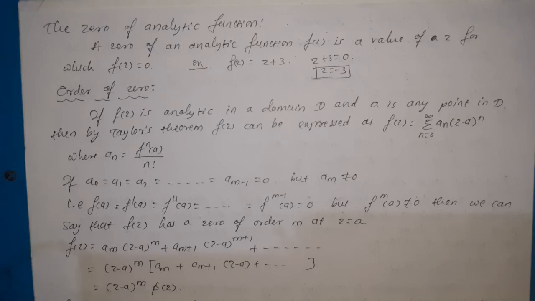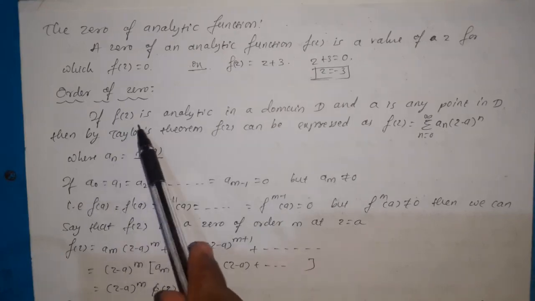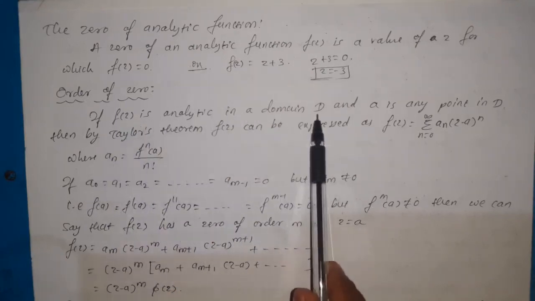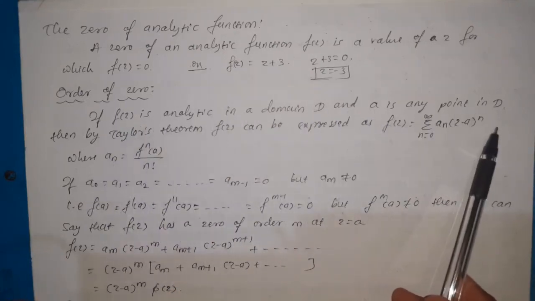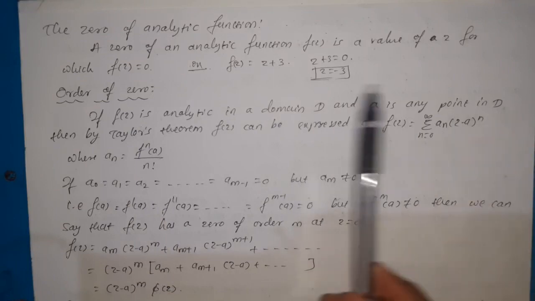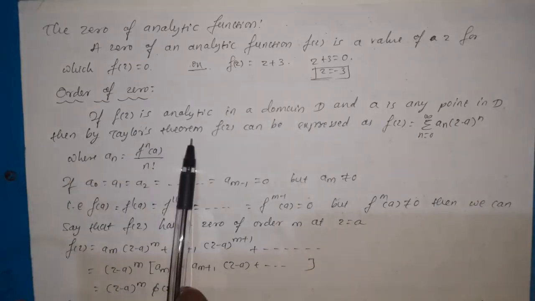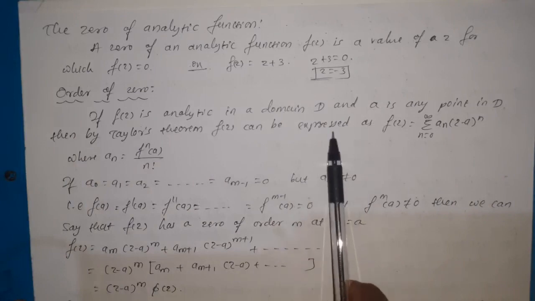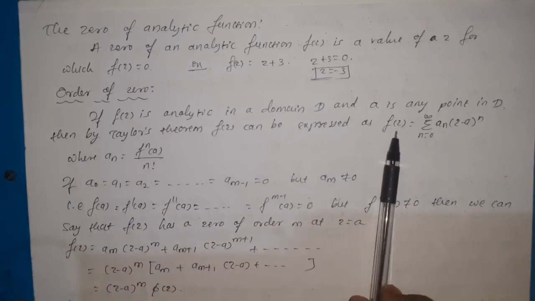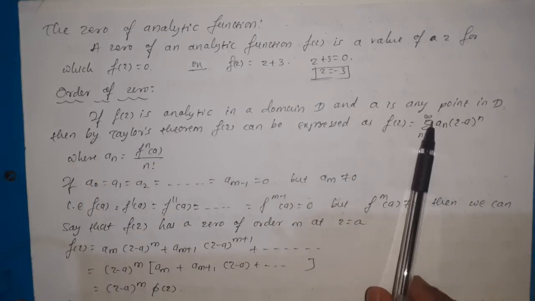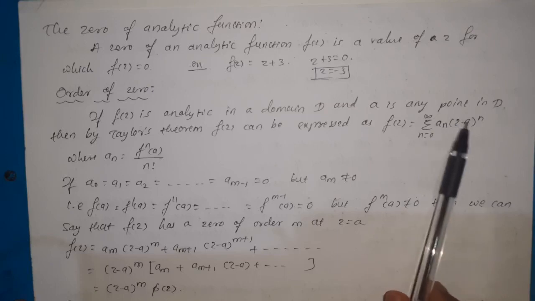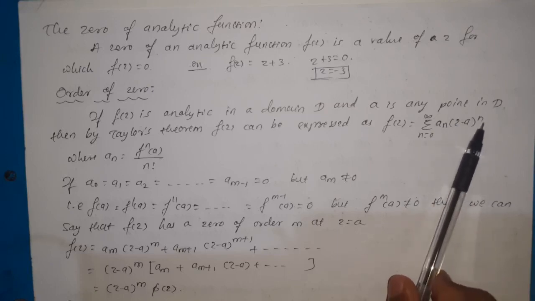If f(z) is analytic in a domain D and a is any point in the domain D, then by Taylor's theorem f(z) can be expressed as f(z) equal to summation over n equal to 0 to infinity a_n (z minus a) whole power n.